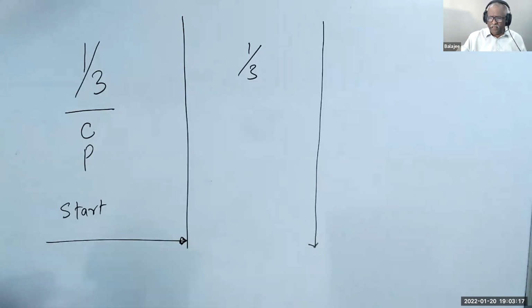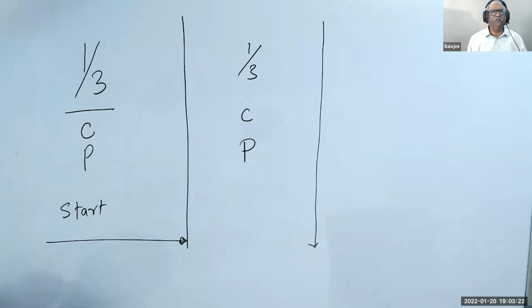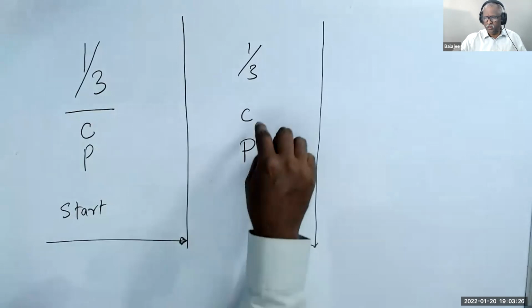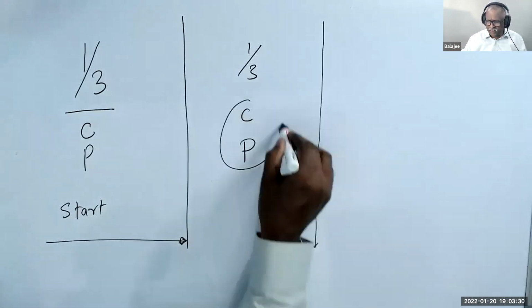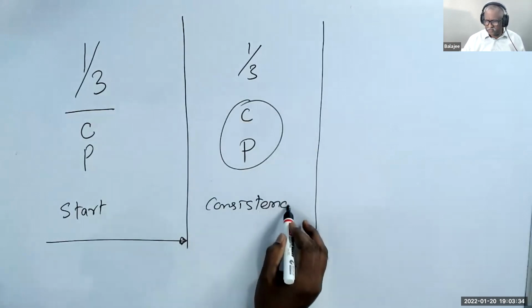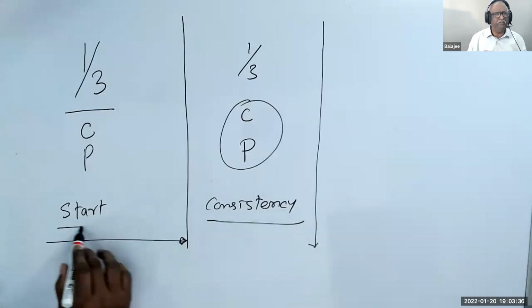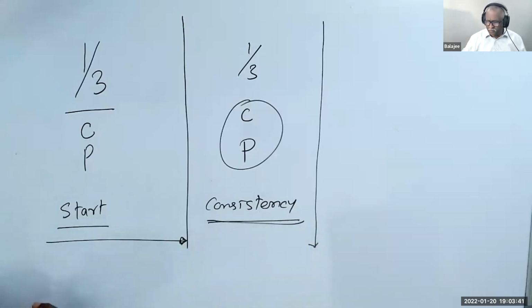Okay, another 1/3 is computer programming. The main thing is consistency. That is, once you start, after start, consistency; whether you learn or not doesn't bother. Be in the field.